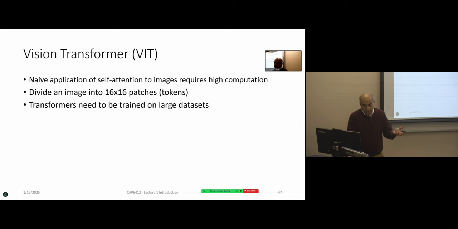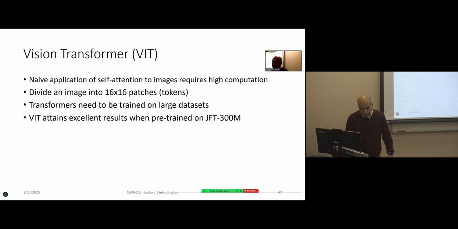And transformers are trained on large data sets. This particular method was trained on 300 million images, called the JFT data set, and that was 4 years ago.